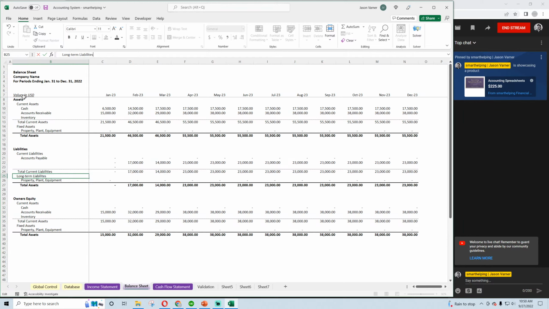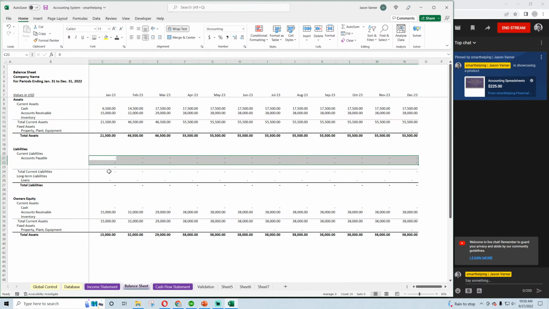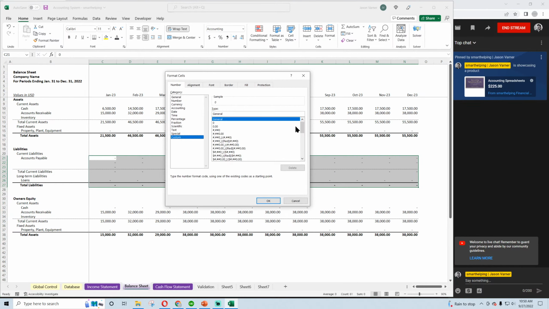This would be like debt, long-term debt, loans, total liabilities. We're going to see if we balance here. So this is all zeroed out for now. Okay, get this all formatted the same.